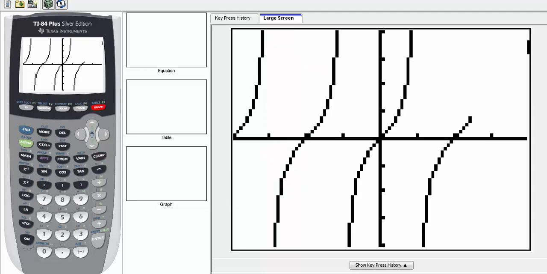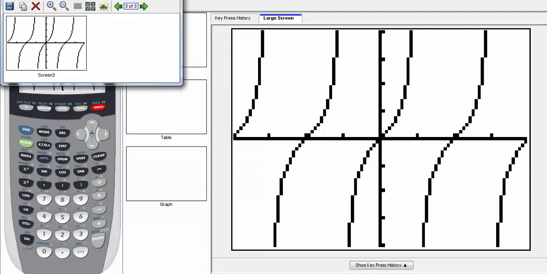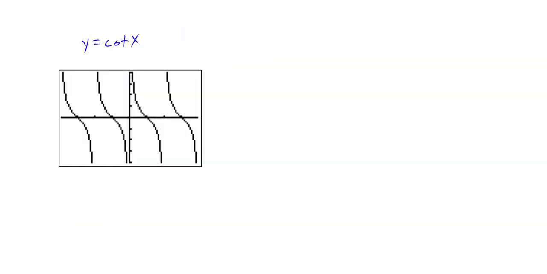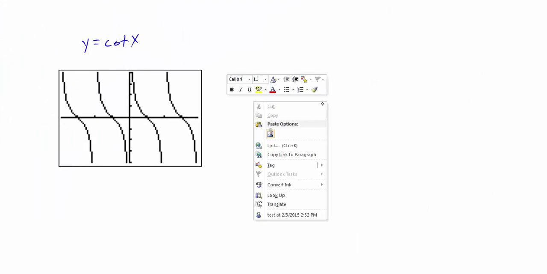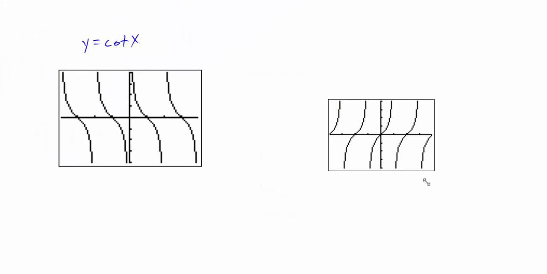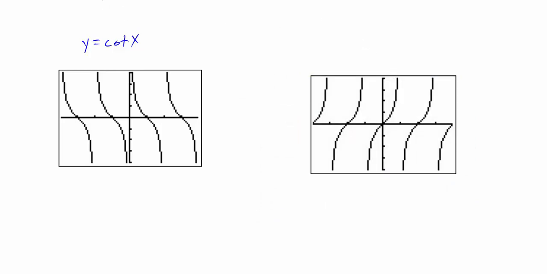And I'll copy this over so we can look at some of the similarities and the differences. So here, this is the graph of our tangent function.